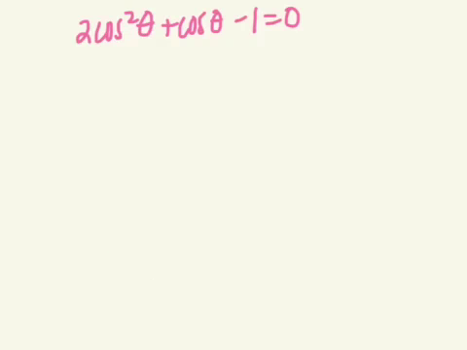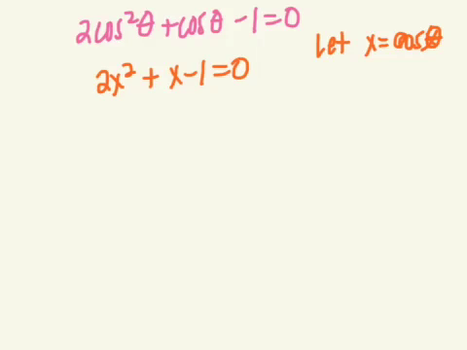Just like we did on number 3, we can say let whatever variable you want, in this case I'm going to use x, let x equal cosine theta. So we have 2x squared plus x minus 1 is equal to 0.